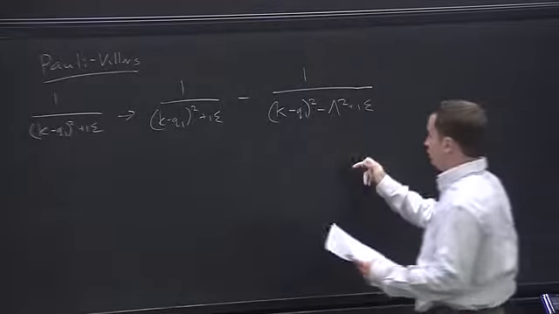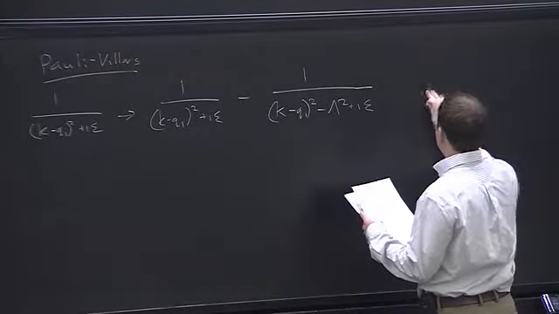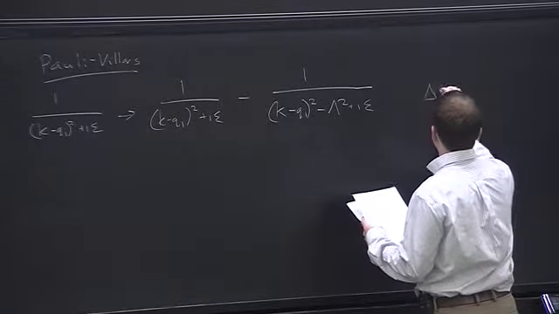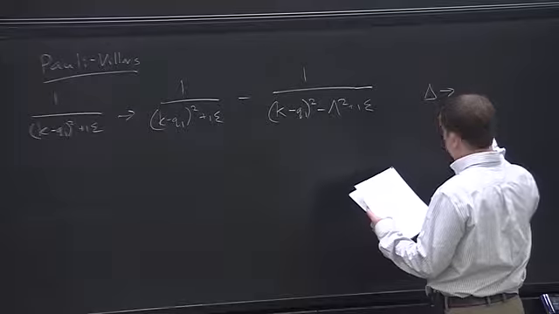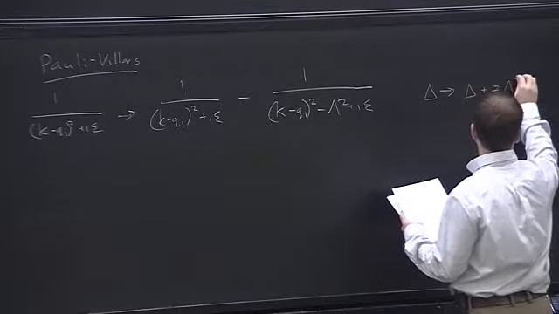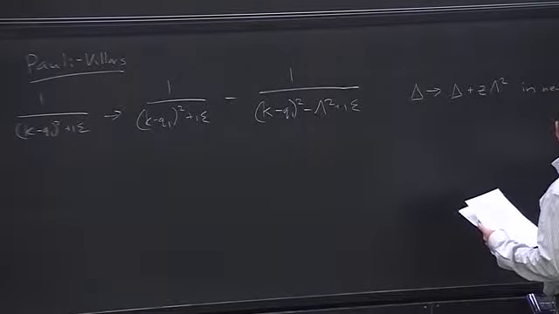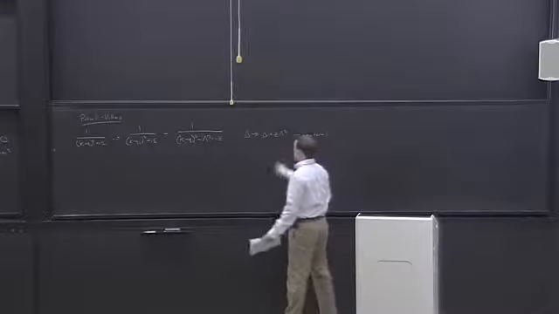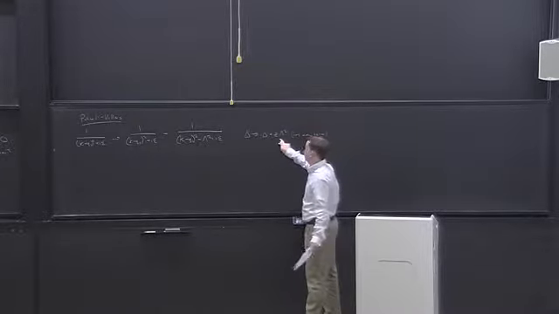And if you just go through our derivation from yesterday, you'll see that the only change is that delta, which was our denominator, goes to delta plus z lambda squared in the new term. So we just have two copies of our expression from yesterday. One has this shift.